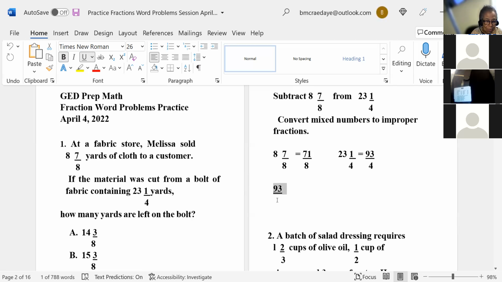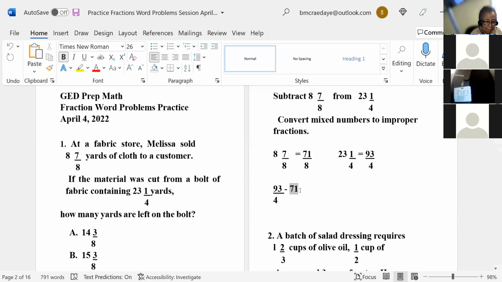93 fourths minus 71 eighths. Now we will get the 93 fourths over eighths. What would that be?